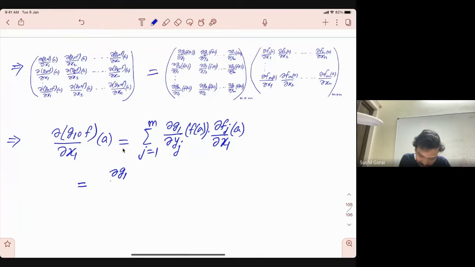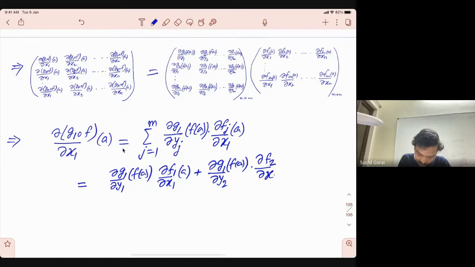So del g1 by del y1 at f of a times del f1 by del x1 at a, plus del g1 by del y2 at f of a times del f2 by del x1 at a, plus del g1 by del ym at f of a times del fm by del x1 at a.